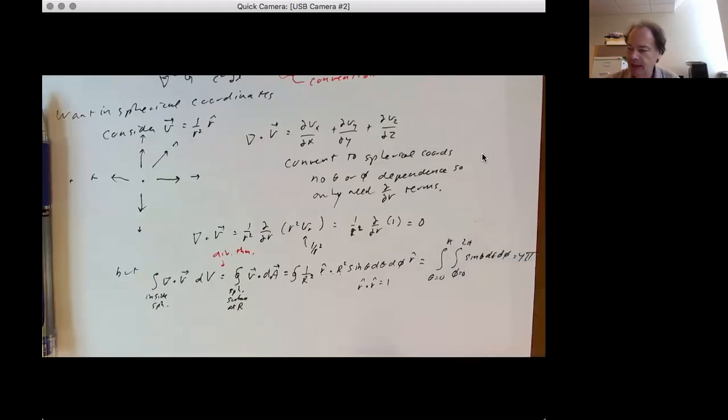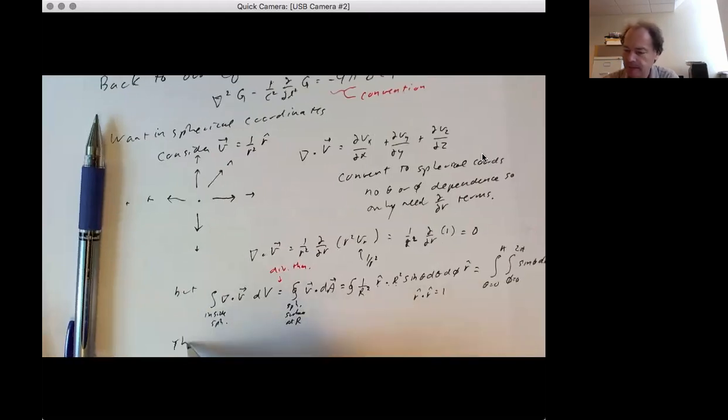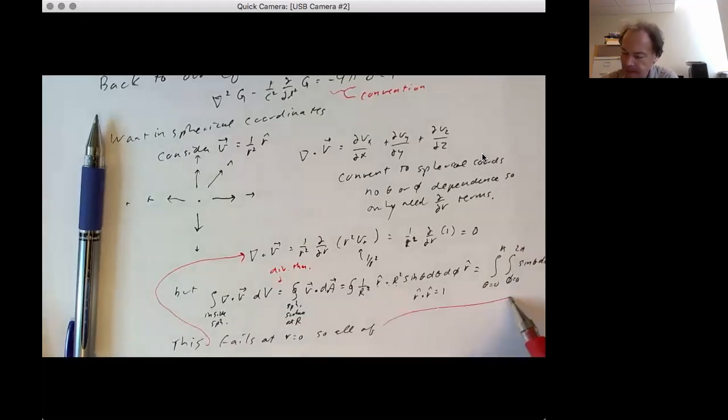Now, if you look back, you say this argument here fails at r equals 0. So all of this 4 pi must be from the origin.